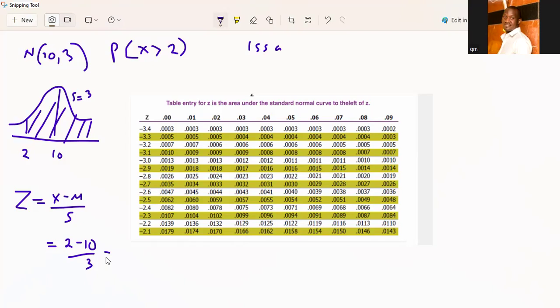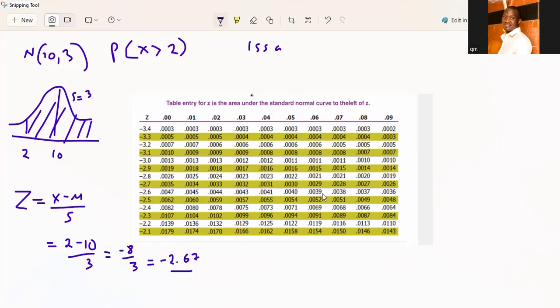So negative 8 over 3. What do we get? Which is negative 2 point what? 67. 66666. You round it over to the next two decimal places. So we go to negative 2.67.